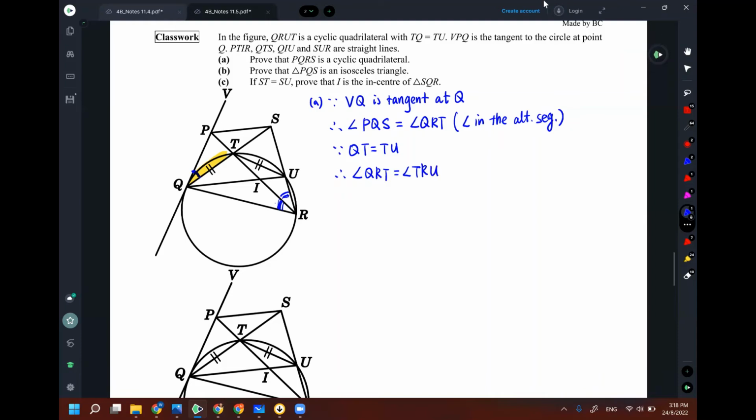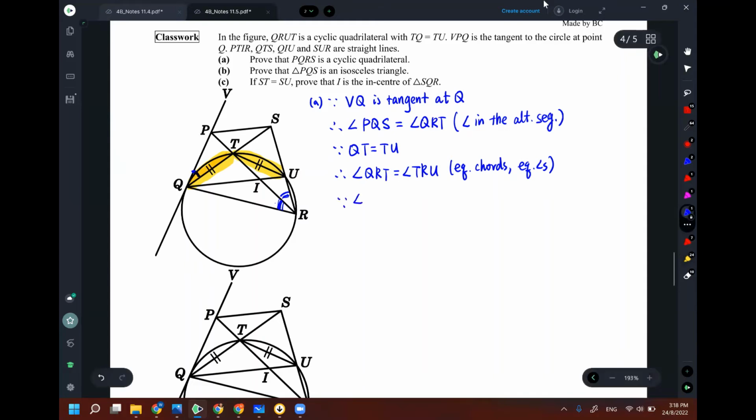Now here I'm using equal chords, equal angles. And now I have equal angles.